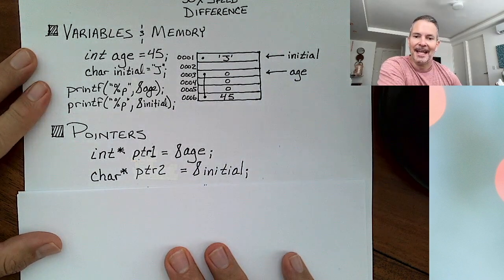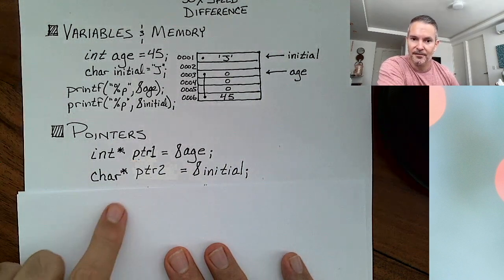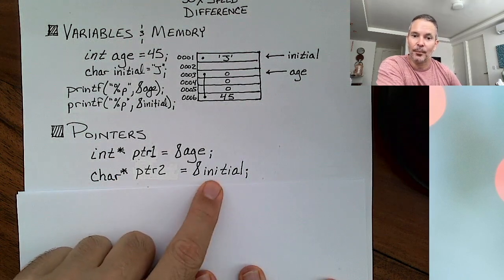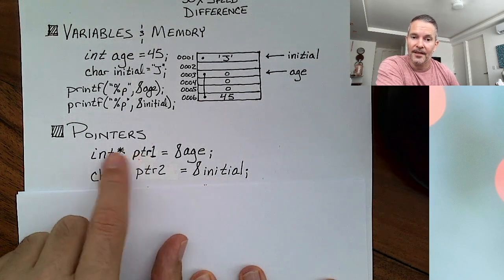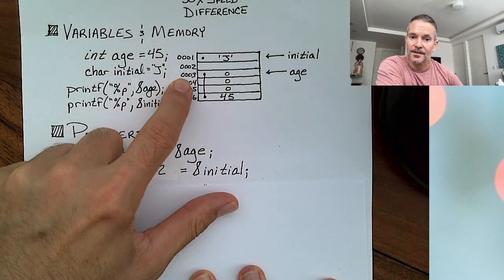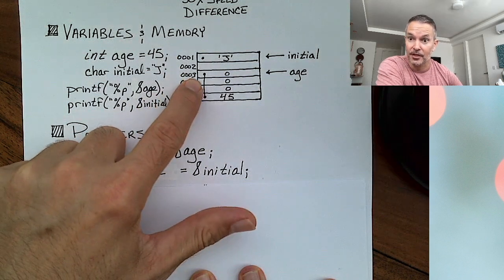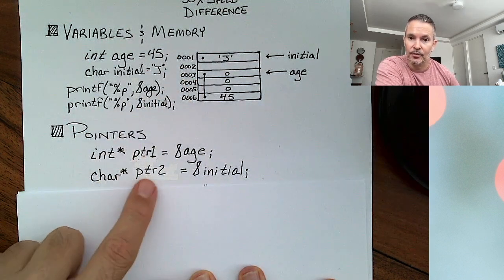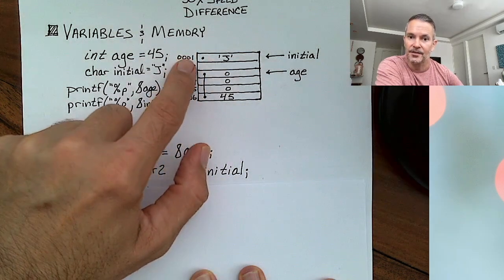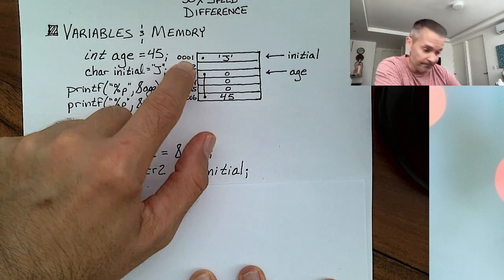Here I define a second pointer of type char. It is pointed to the address of initial. So now this variable will literally have the number 0003. It's an address. This variable, the ptr pointer variable, will have 0001.